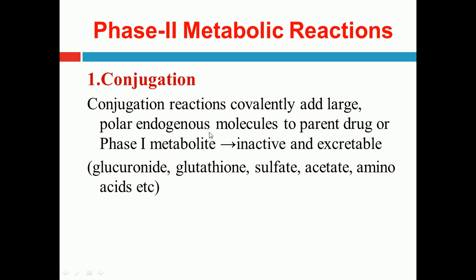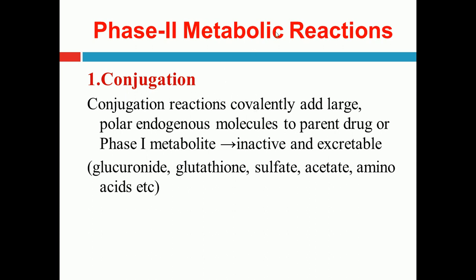So adding up those substances that are already present in the body, for example in the liver, these will be conjugated with the drug molecule to increase the polarity. And how will the drug and the endogenous molecule be joined together?